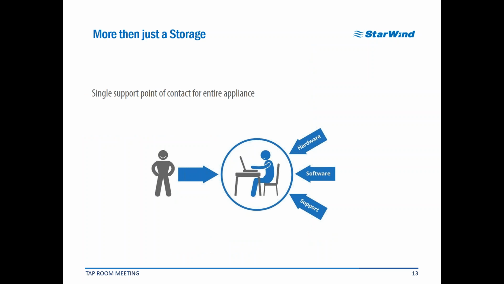The single point of contact for the entire appliance is something everybody will like, because as I told before, when you are getting hardware combined, or even software and hardware combined solutions, you have to contact up to 10 support departments, and then they will all talk with each other and blame each other that something went wrong, not on our side but on someone else's side. That makes the solution come not as fast as you need.